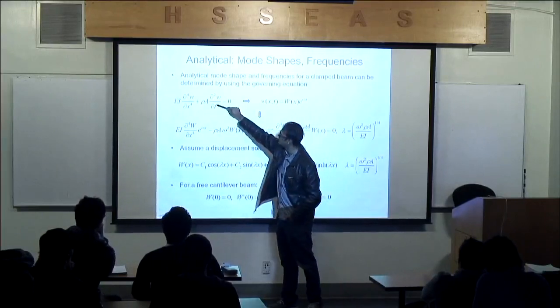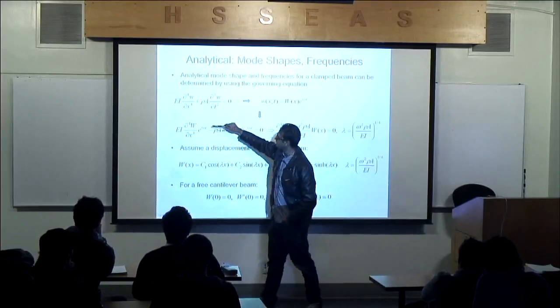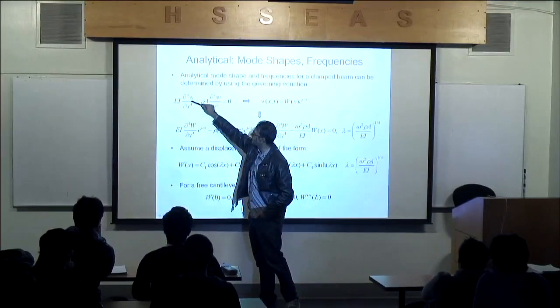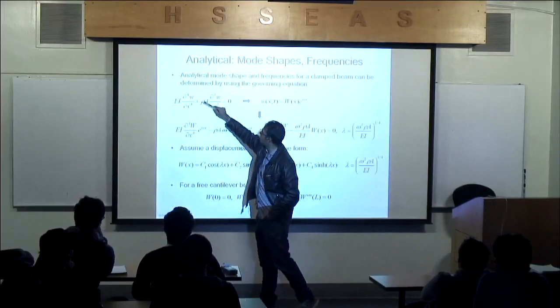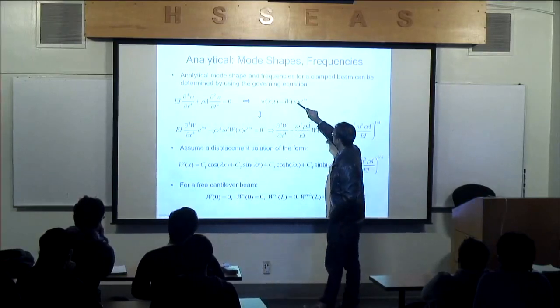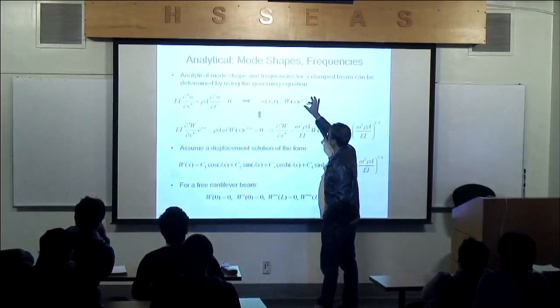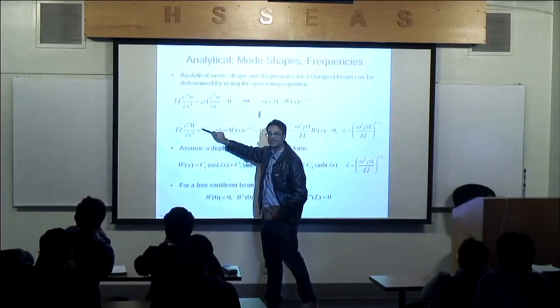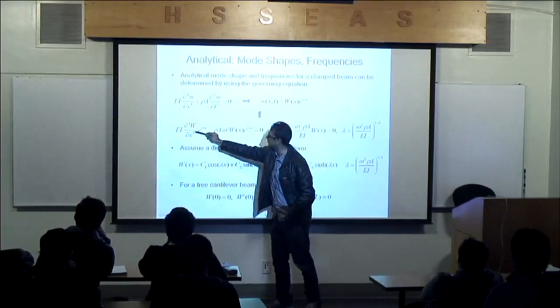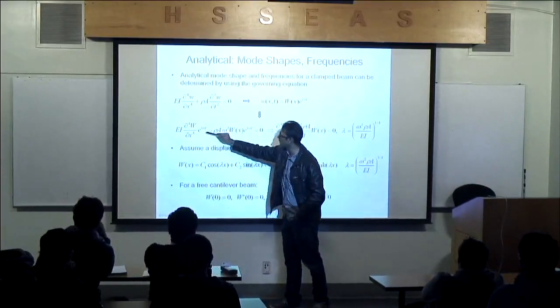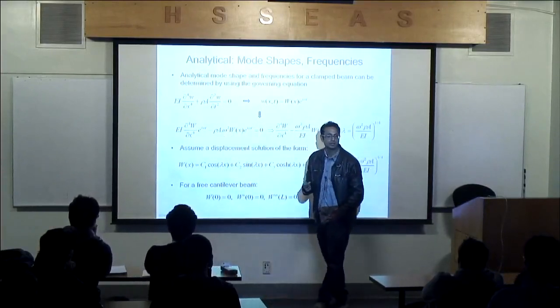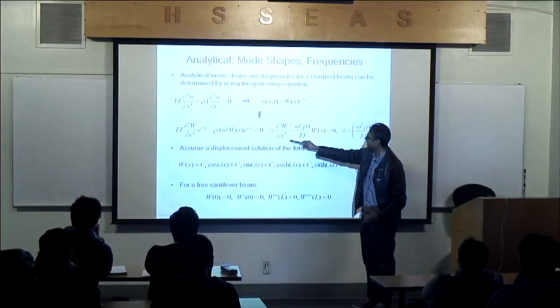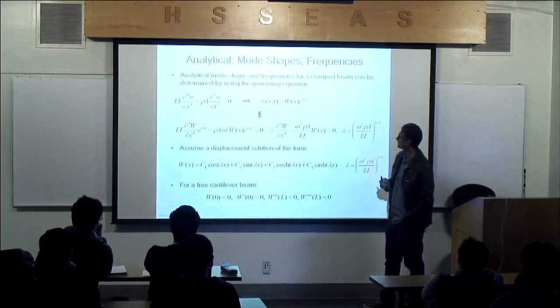This other term is not a derivative with respect to time, but W is a function of W(x) e to the i omega t, so it's just a factor there. This is true for any e to the i omega t, so I can factor that out, because e to the i omega t cannot be 0. And when I factor that out, I get this equation here.